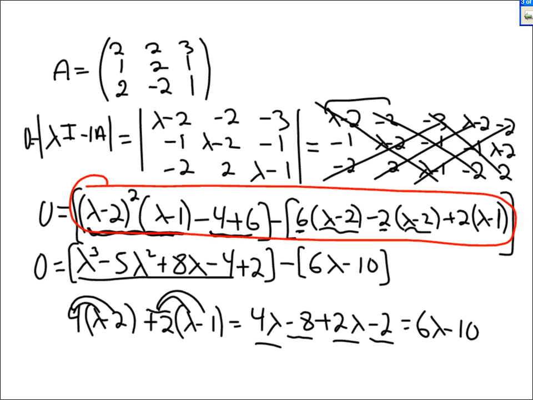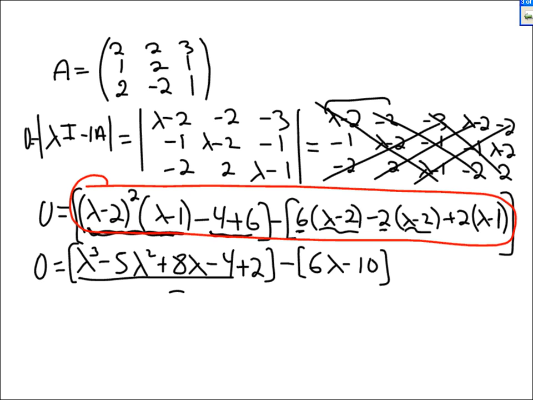Okay, the problem is that's not what I got before. Oh, excuse me, maybe it is. So 0 is equal to lambda cubed minus 5 lambda squared.